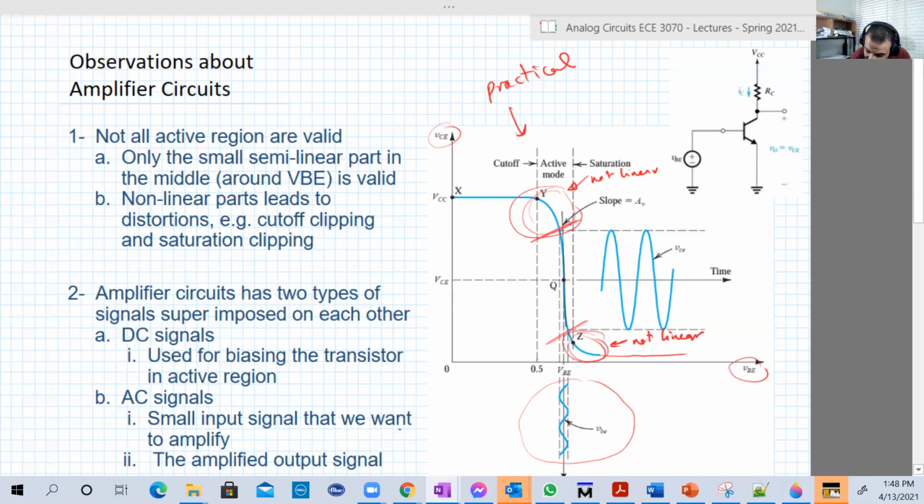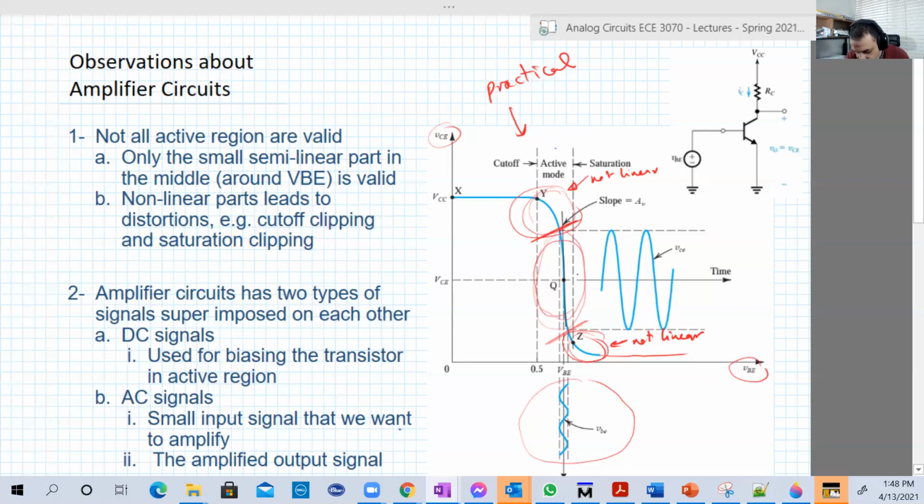Only the semi-linear portion of the active region is valid for the amplification application. If you want to use the BJT in a circuit as an amplifier, you must put the Q point, I mean VBE and IC, somewhere in that linear range.